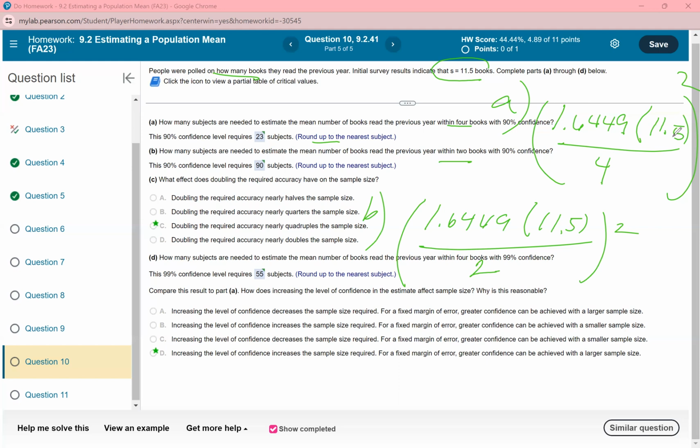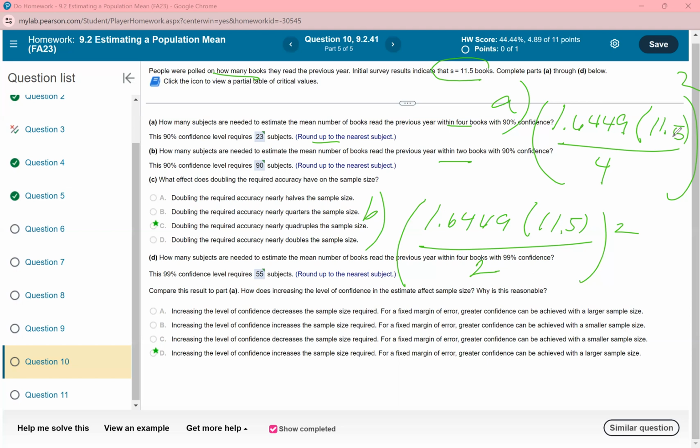Round them up. What effect does doubling the required accuracy have on the sample size? Doubling the accuracy nearly quadrupled the sample size. It nearly quadrupled it, y'all, meaning times 4.